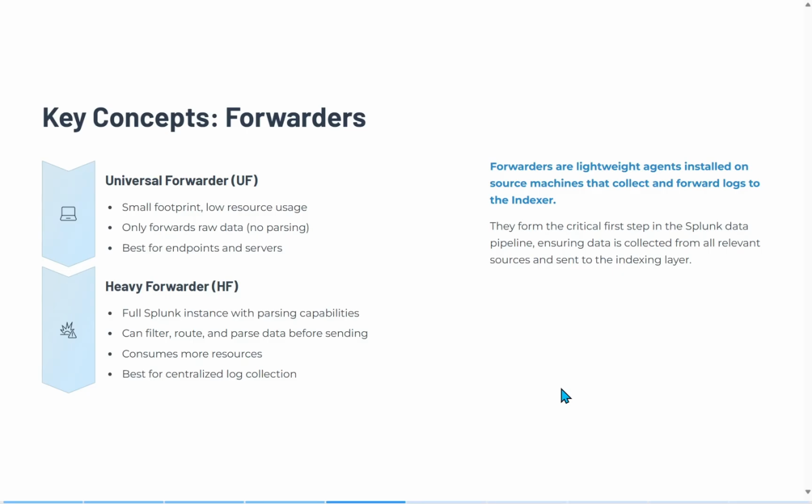The forwarders are lightweight agents installed on source machines that collect and forward logs to the indexer. They form the critical first step in the Splunk data pipeline, ensuring data is collected from all relevant sources and sent to the indexing layer.